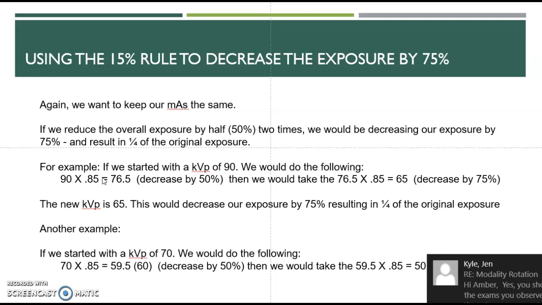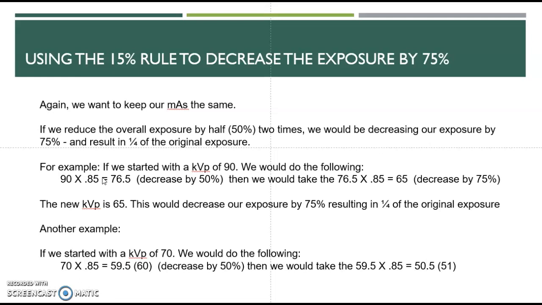So here again, we want to keep our mAs the same. If we reduce the overall exposure by half 2 times, we would be decreasing our exposure by 75%. This would result in 1/4 of the original exposure. So let's look at the first example. If we started with a kVp of 90, we would do the following.